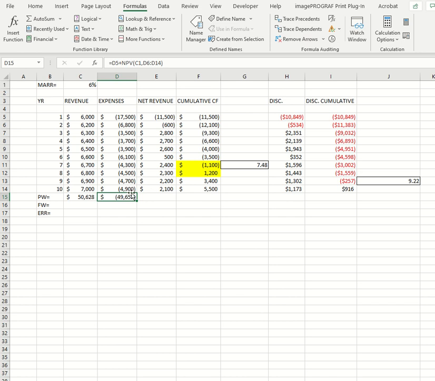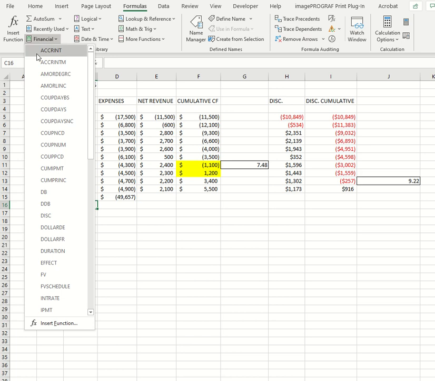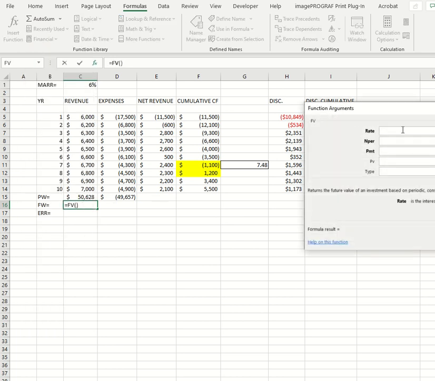Okay, so let's just see. I've got this value in here, and I want to now find the future worth. And so when we look at that one, we have to go to the future value, and the rate, 6%.